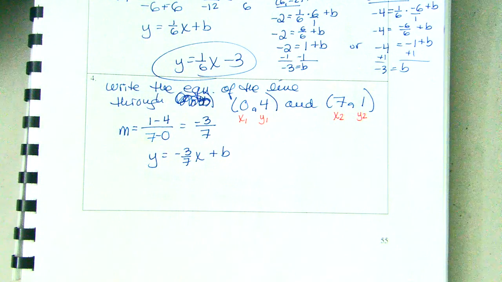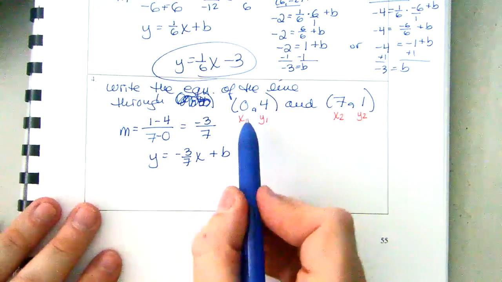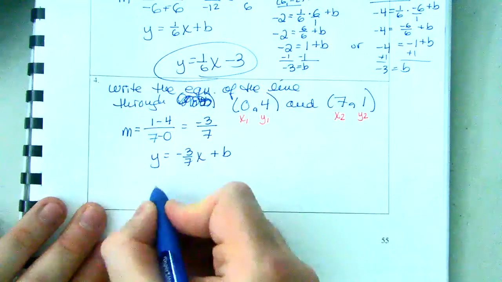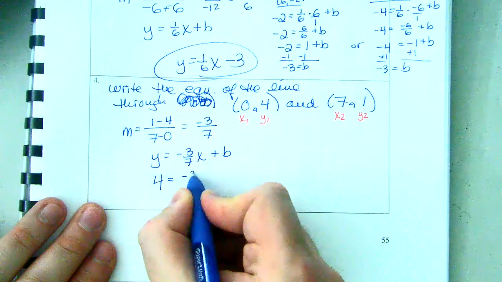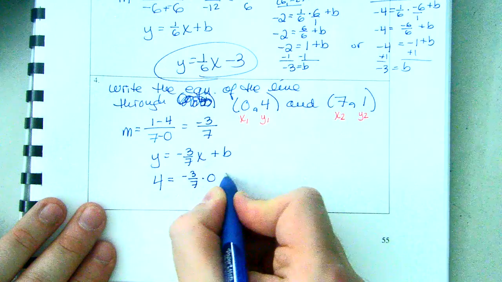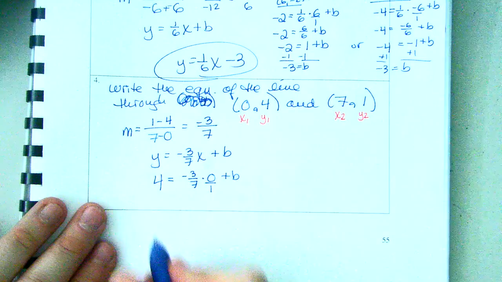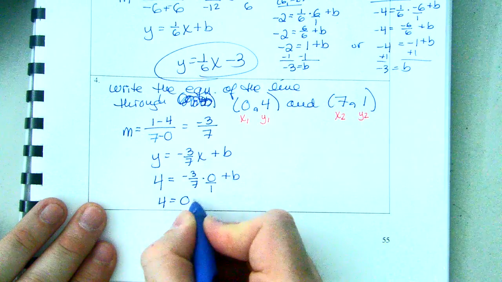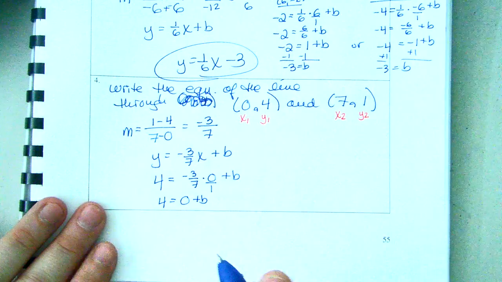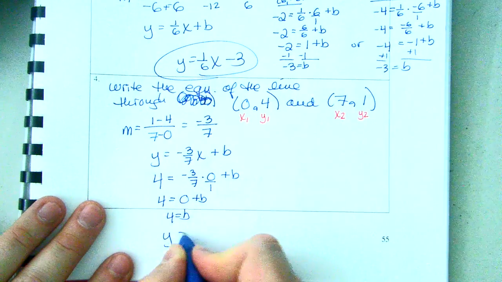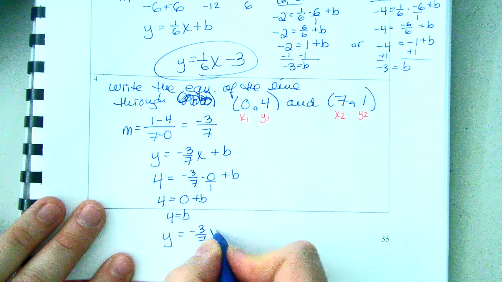I would so much rather multiply a fraction by 0 than multiply it by 7. 7 is not super hard, but we can make it so much easier by using 0. Anytime you have a point with a 0, it will be a little easier. 4 equals negative 3/7 times 0 plus b. I know anything times 0 is going to be 0, so let's not even bother. I don't even have to subtract 0. B is 4, and we're going to get y equals negative 3/7 x plus 4.